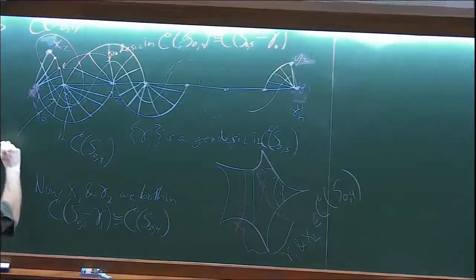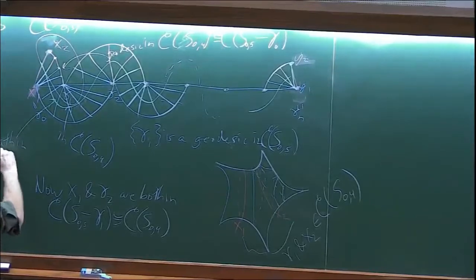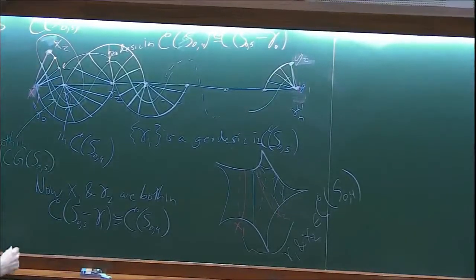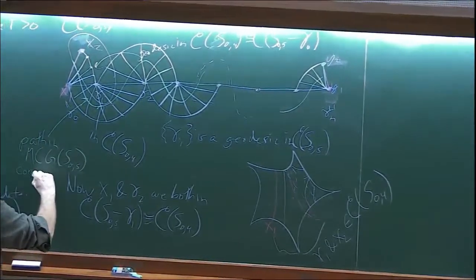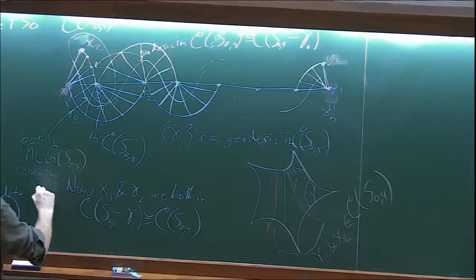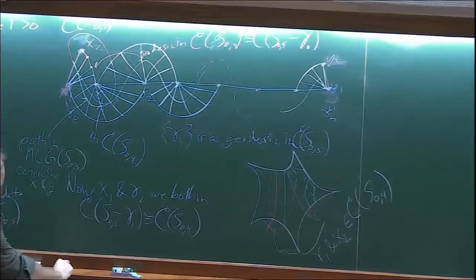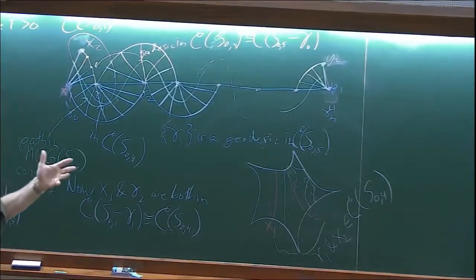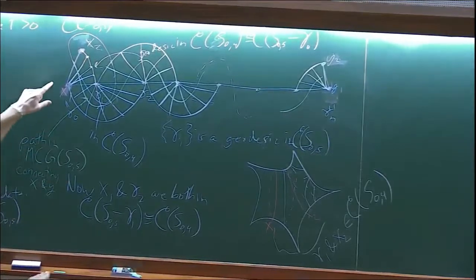So this is a path in the mapping class group of S05 connecting X and Y. Okay, so this is a path connecting X and Y. And what do we know about this path? Well, it looks like it's an extremely inefficient path from the way I've drawn it, but what do we know about this?